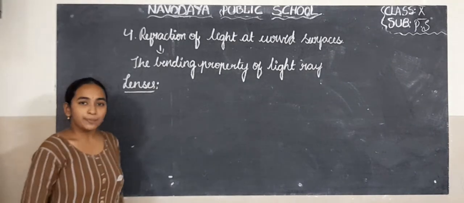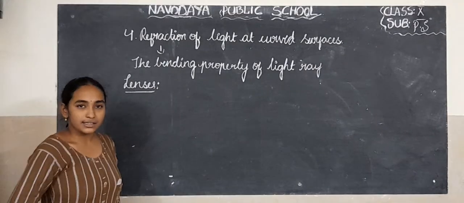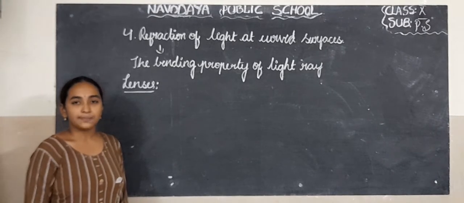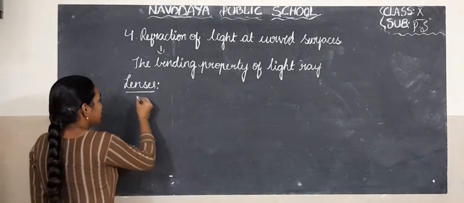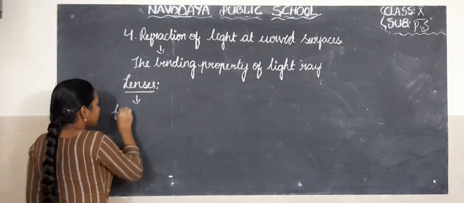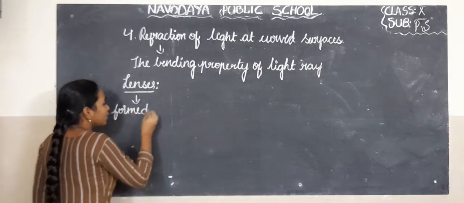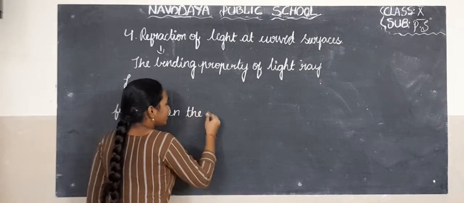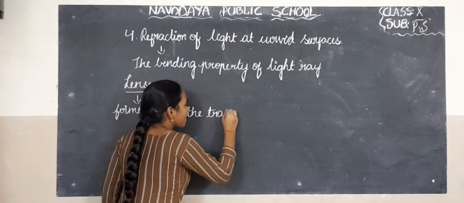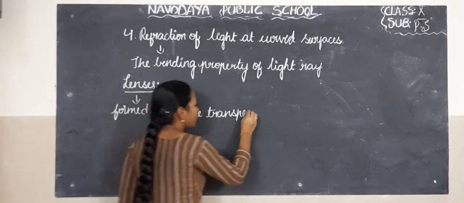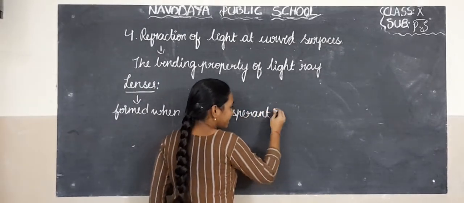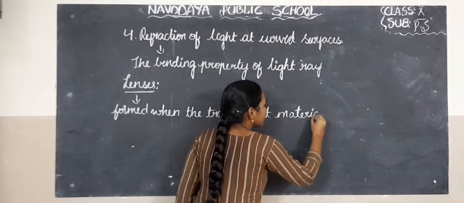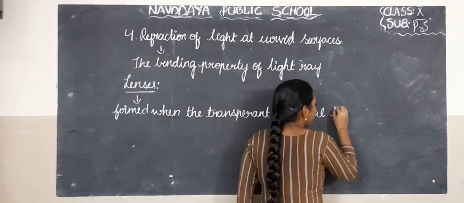Now I am going to explain about another topic, that is lenses. Lenses are formed when a transparent material is bounded by two surfaces.